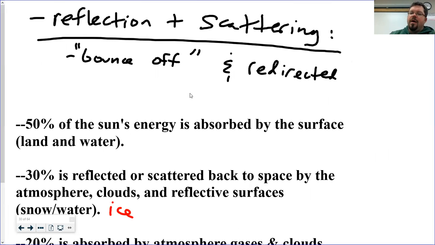Reflection refers to completely bouncing off. Scattering refers to the radiation being redirected, or, as we'll talk about today, in a way, diffused. You'll see what I mean by that.